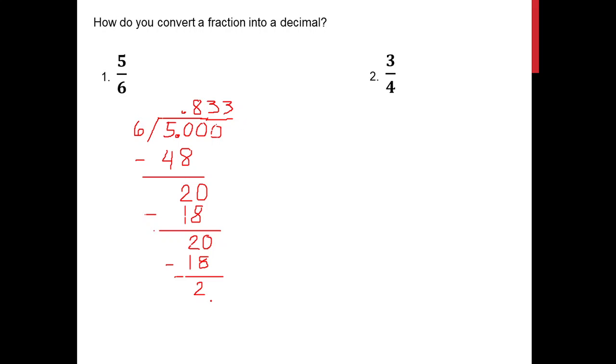Therefore, we have a repeating decimal number. So we can just stop here. Therefore, the decimal form of 5/6 is 0.833. It's easy, right?